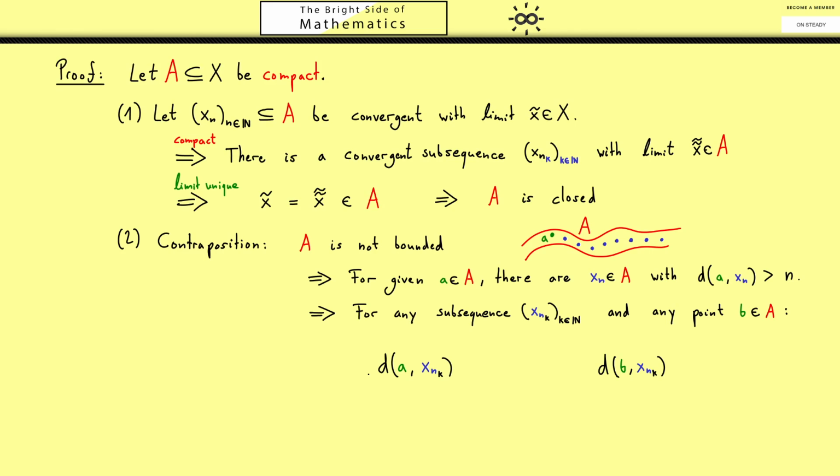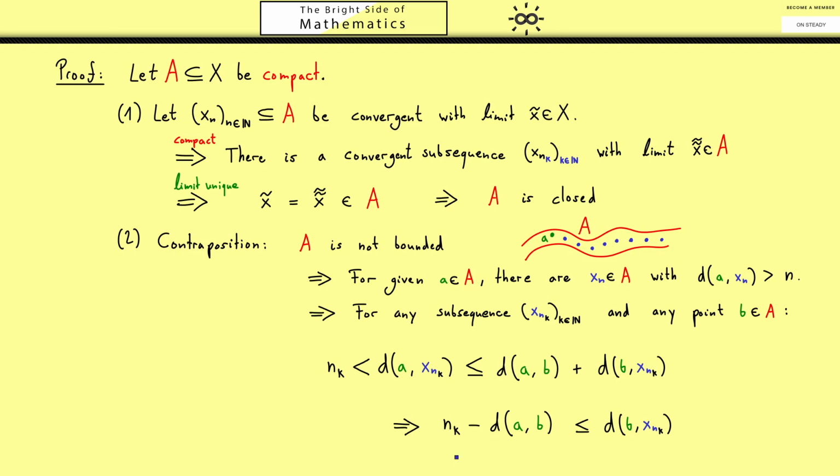And using the subsequence, we know this is larger than n_k. Then on the right hand side, we simply can use our triangle inequality. We just put b in the middle. Then bring the one part on the other side and we get the following inequality. So we conclude the distance between any point b and a sequence member x_{n_k} is always larger or equal than this part here.